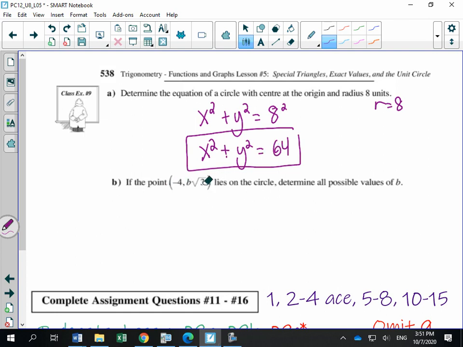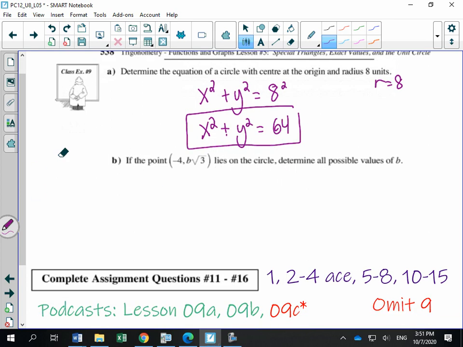If this point lies on this circle here, that's the equation of my circle, and this point lies on it. Determine all the possible values of b. So they give me a point, and I know that that's an x-coordinate and that's a y-coordinate. I have to plug that in into the equation of this circle. So that would be negative 4 squared plus b root 3 squared is equal to 64.